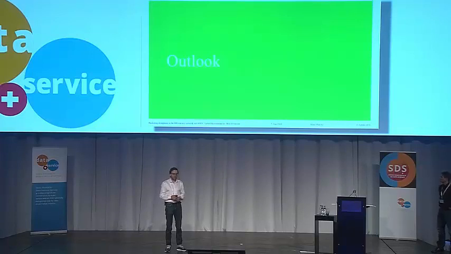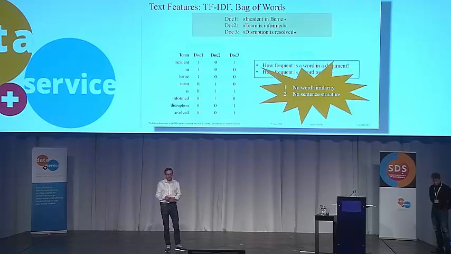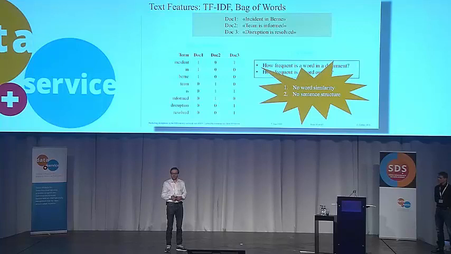So this is the prototype that we have. There's a lot of things on how we want to improve this from a modeling perspective. So we've talked about these feature vectors for text data, and one problem with them is that they don't have a notion of word similarity, and also they don't have a notion of sentence structure.